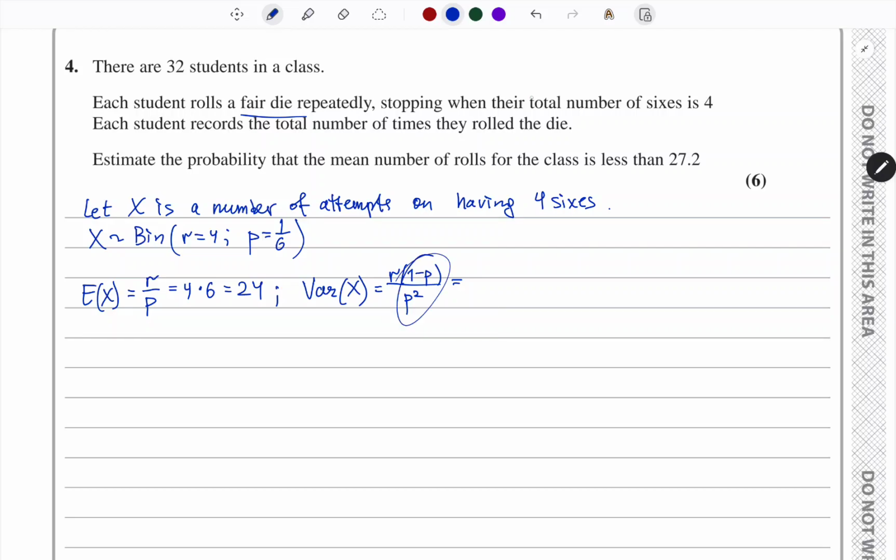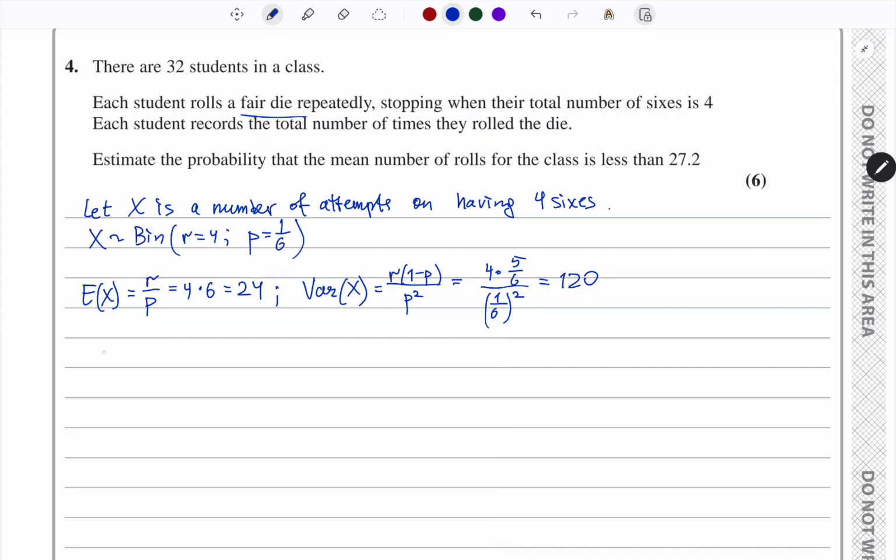It's the variance of the geometric distribution, but times R. So it's 4 times 5/6 over 1/6 squared. 30 times 4 is 120.